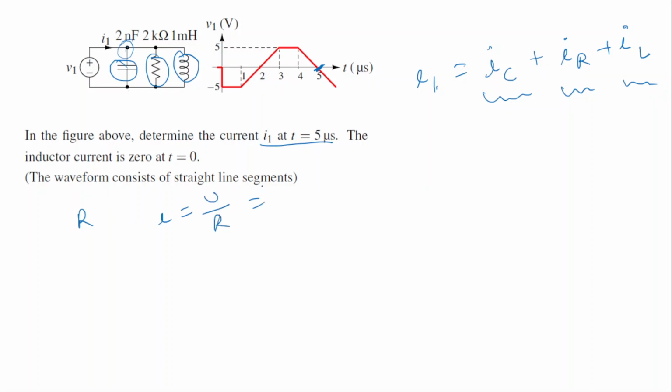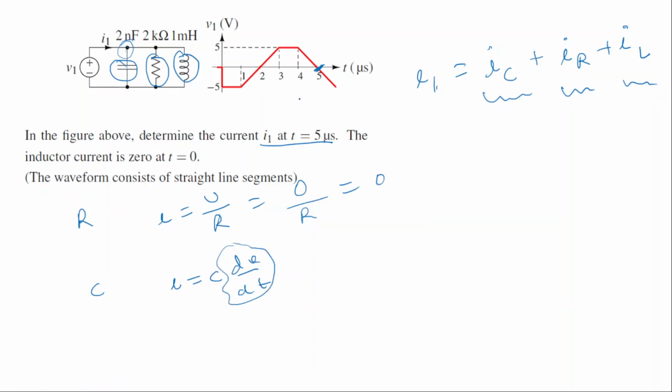As you can see, at time t equals 5 microsecond, the voltage V1 is 0. So that will be 0 by R. It doesn't matter what the value is, it will be 0. Now to calculate the current in C, the capacitor current is C dV by dt, so we need to calculate the slope of this curve at this point.